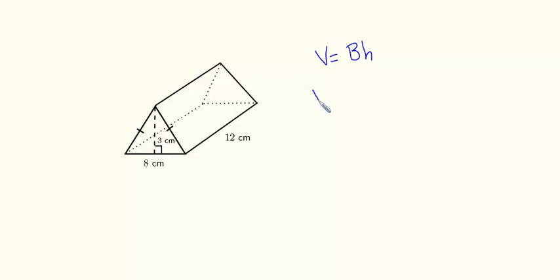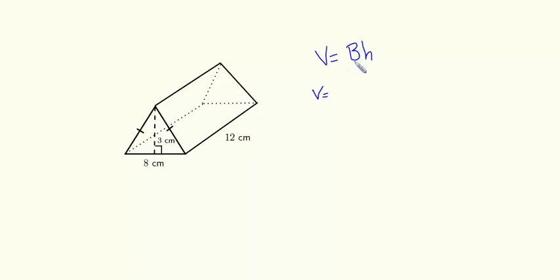So we're going to calculate the area of this triangular base, and then we're just going to multiply it by the height, or the distance to get from this end over here to the other base, or the other triangle on this side.